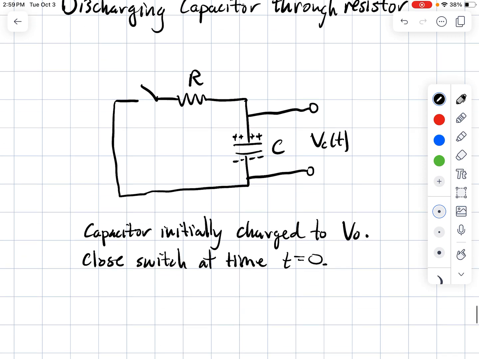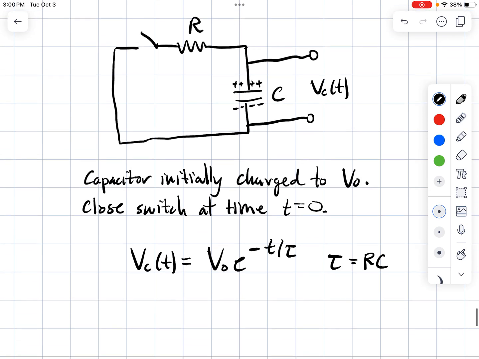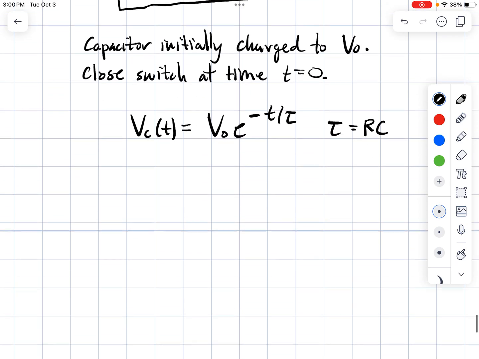The solution for the discharging capacitor, which many of you have probably seen before, I think we did it in 121 last year if you took 121 with me, is just an exponential decay where tau is the same RC time constant.